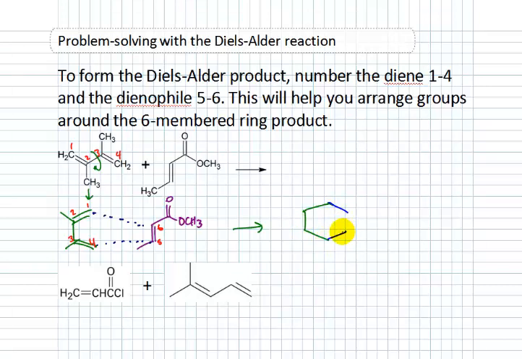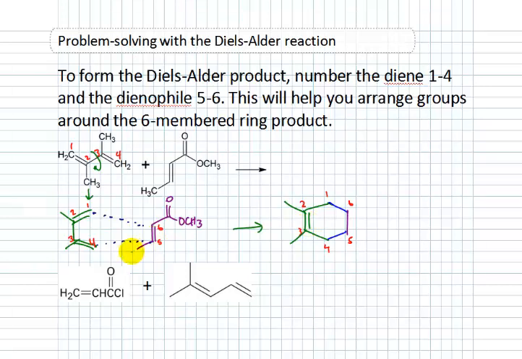I'm going to color code it here so you can see where everything came from. Blue ones are our new bonds that were formed. 1, 2, 3, 4, 5, 6. That'll help us add our functionality back in. Methyl groups on 2 and 3. And remember, the double bond will migrate to the middle of what was once the diene.